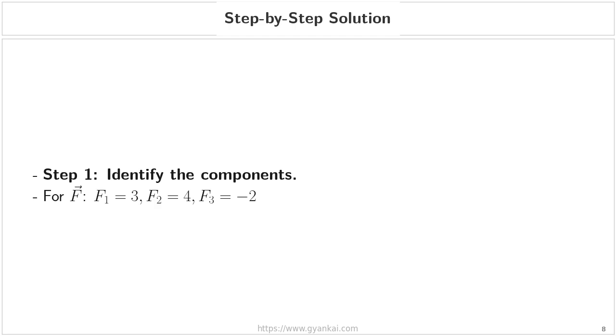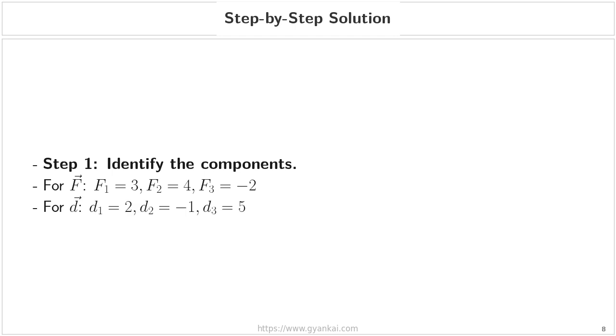For our force vector F, the x component, F1, is 3, the y component, F2, is 4, and the z component, F3, is negative 2. Similarly, for our displacement vector D, we have the x component, D1, as 2, the y component, D2, as negative 1, and the z component, D3, as 5.